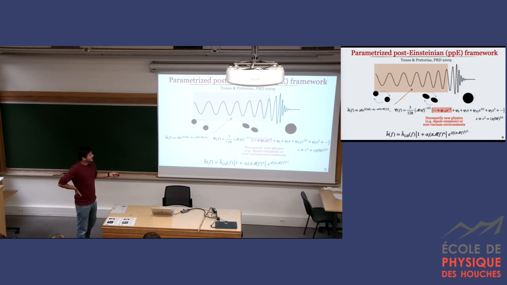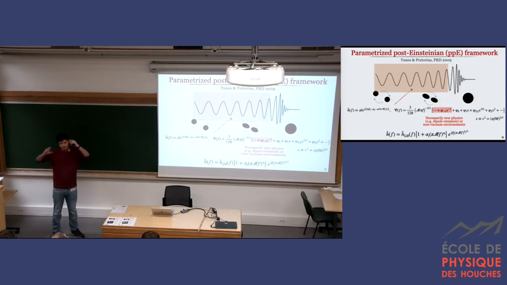And something else you can also do is modify the amplitude of your waveform. You never really see this done because the amplitude is much harder to constrain than the phase. In LVK papers and in most papers on this subject, there are no real constraints on these amplitude corrections, because you don't constrain the amplitude of your gravitational wave very well.